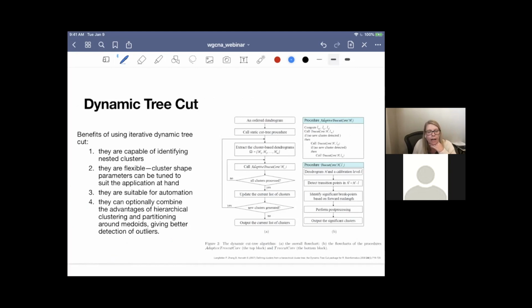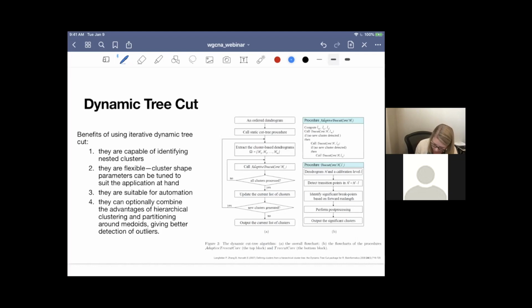WGCNA by default has a much more sophisticated and iterative process for identifying clusters rather than just simply taking a vertical height. And so this is a whole area of study that they've looked into about how to do this in an iterative process so that they can identify nested clusters, that they can be flexible, and they can combine both the advantages of hierarchical clustering and partitioning around medoids, giving it better detection of outliers and things like that.